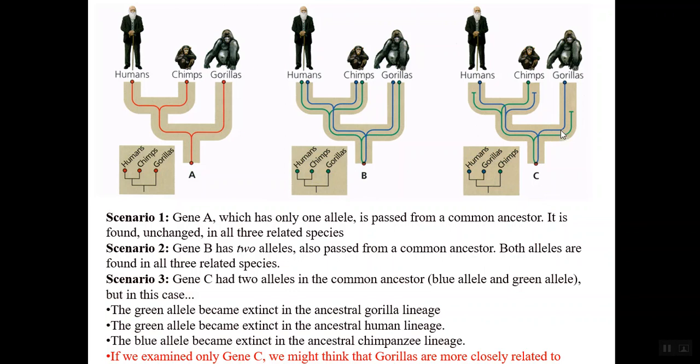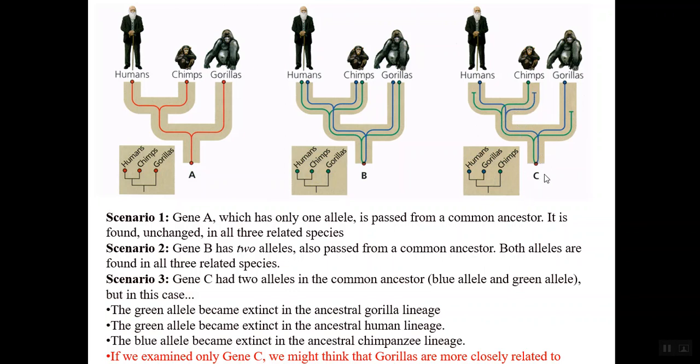Gene C has again two alleles. The blue, let's track the blue. The blue is found in humans, unchanged with the dot, is found in gorilla, unchanged, but oops, it stops in chimps. And let's look at the green allele. The green allele stops in humans, it stops in gorillas, and it keeps going in chimps.